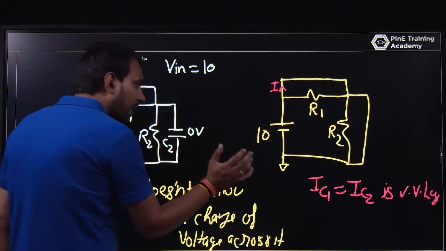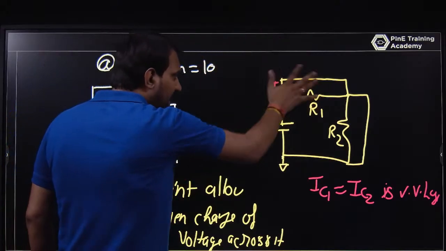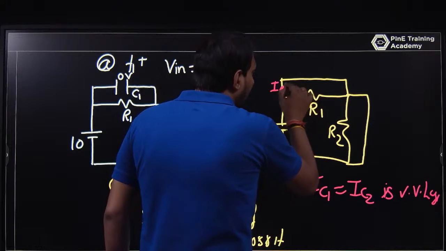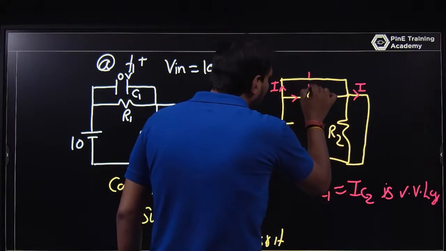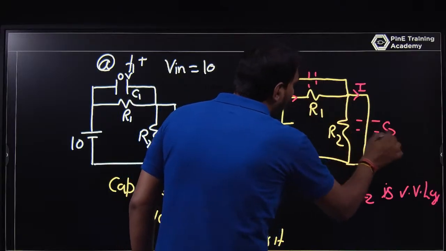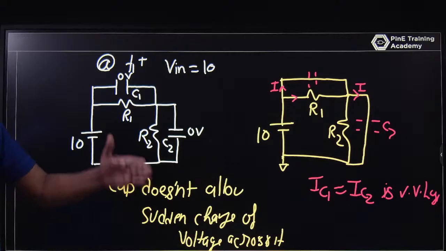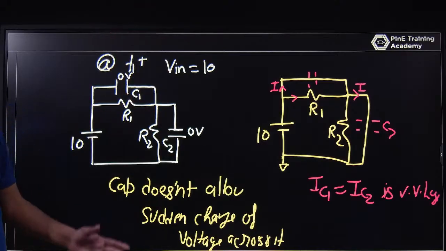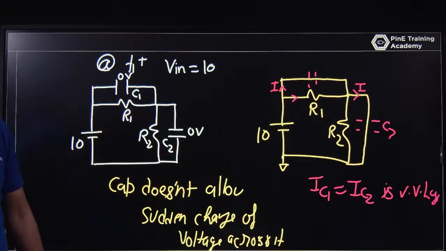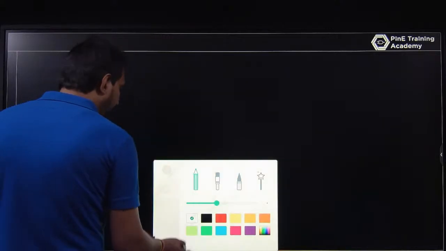By looking at the circuit, if you assume that the capacitor does not allow sudden change, the current passing through C1 and C2 is very large, so the C1 and C2 voltages gradually change from 0 volt to some volt. The voltage across C2 is 10 C1 upon C1 plus C2, and at C1 it is 10 C2 upon C1 plus C2.